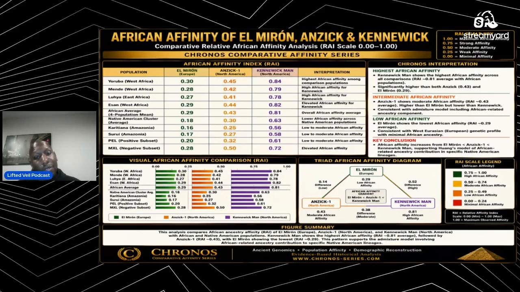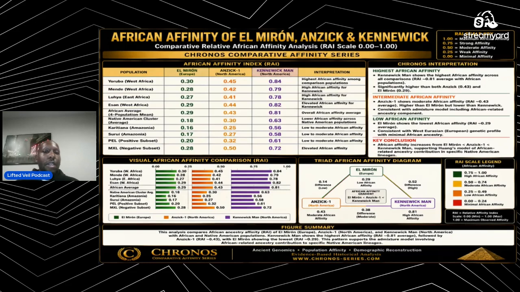That ties into what I've been talking about. Okay. And they offer an explanation as to why. Because if you see here, if the Elmoran is ancestral to the ANZIC, right? But the ANZIC, now let's put this together. Kennewick Man had the most affinity with Africans, right? ANZIC is second. Elmoran is third, right?